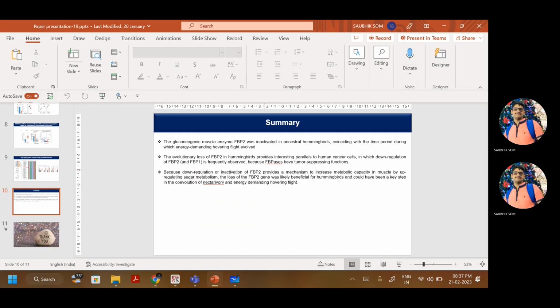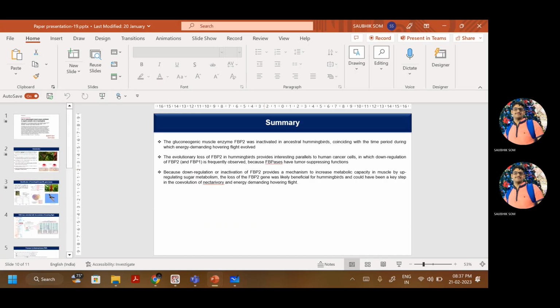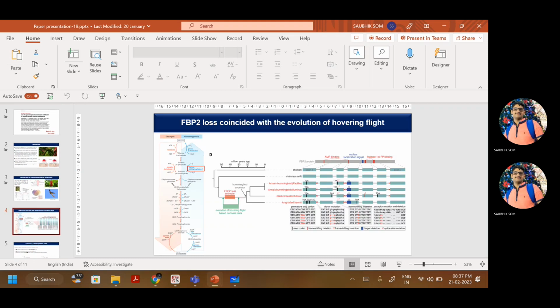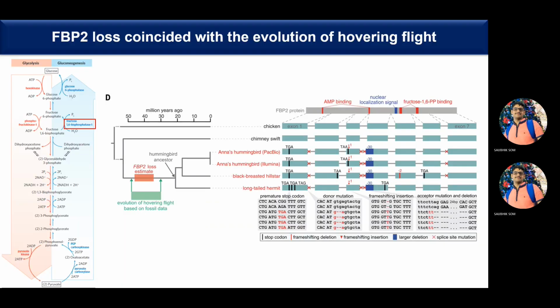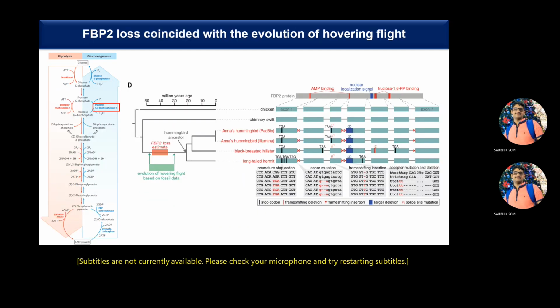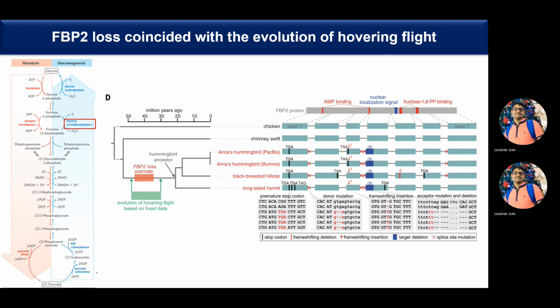So basically, I have just explained gluconeogenesis. Remember, in gluconeogenesis there are four enzymes that are separate: pyruvate carboxylase, PEP carboxykinase, fructose 1,6 bisphosphatase, and glucose 6 phosphatase.